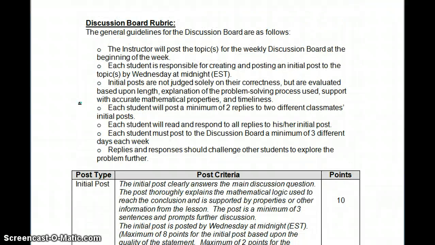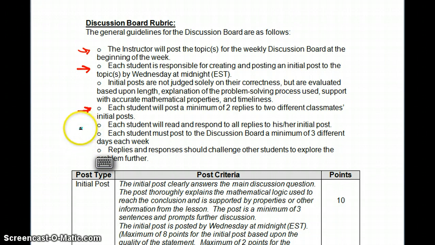Lastly, the discussion board rubric and how you will be graded on your discussion boards is posted here for you. So I will post a topic at the beginning of each week. You will post by Wednesday at midnight. Initial posts are not judged solely on their correctness, but evaluated on length, explanation, etc. You are required to post a minimum of 2 replies for 2 different classmates.